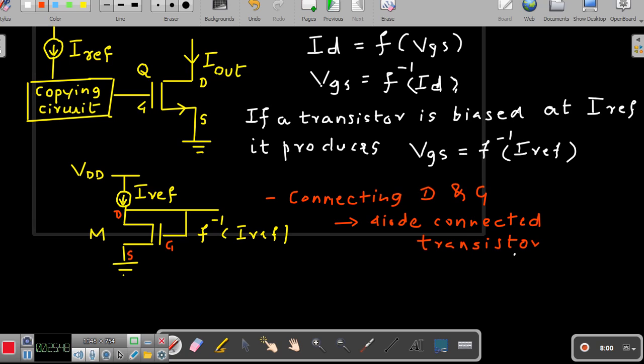So what you understand by a diode connected transistor is, this VGS, the voltage between gate and source, since gate is connected to drain, will always be equal to VDS. That means you are basically making your transistor always operate in the saturation region.